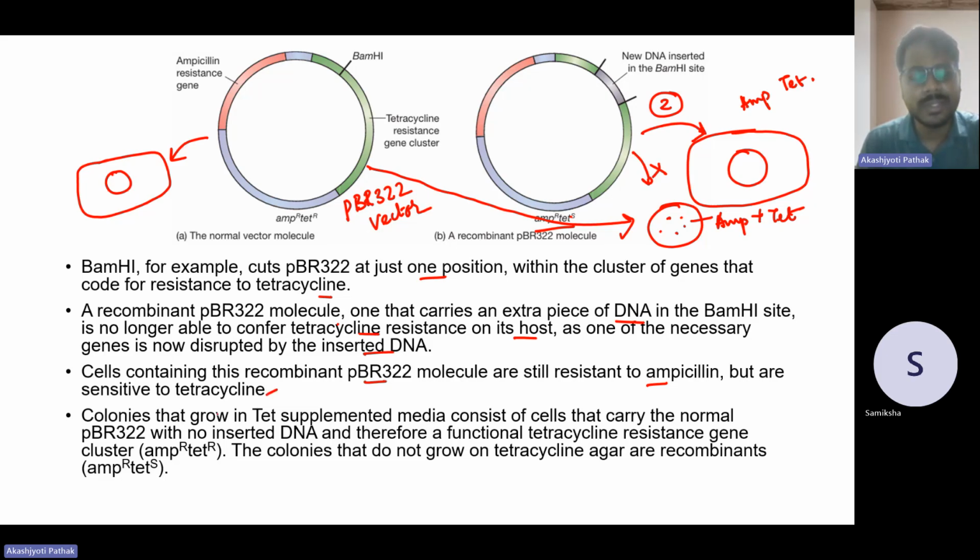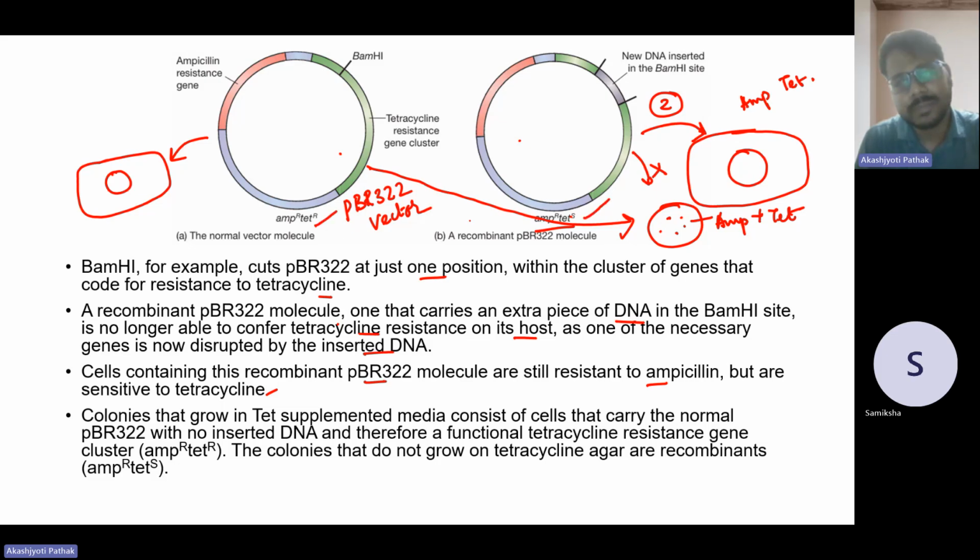So the colonies that grow in tetracycline supplemented media consist of cells that carry the normal pBR322 with no inserted DNA and therefore a functional tetracycline resistant gene. So the point of difference between bacteria having this vector and bacteria having this vector is that one will be sensitive to tetracycline and the other will be resistant.